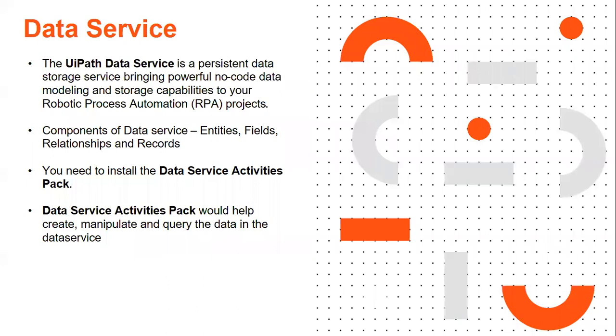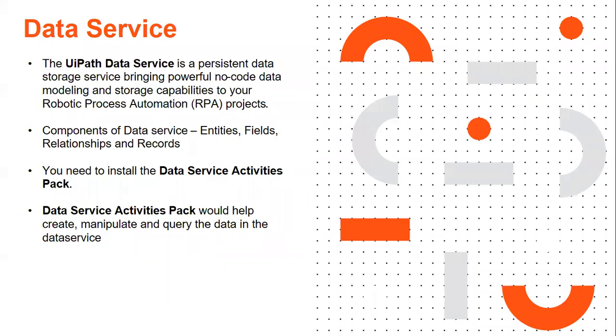Similarly, in data service we have a similar concept named relationship, where a particular field can only hold a reference to another table. You can create your entity, create your field for each entity, and set the field type as relationship, where that particular field is going to refer to some record of some other table.